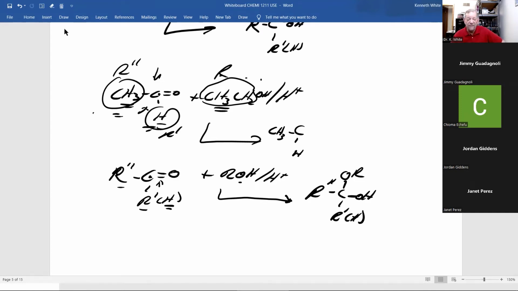And now you open up the carbonyl, you get OR and R here from the alcohol, ethyl. And here this becomes an alcohol, hydroxy group. But this is called a hemi, in this case, acetal.